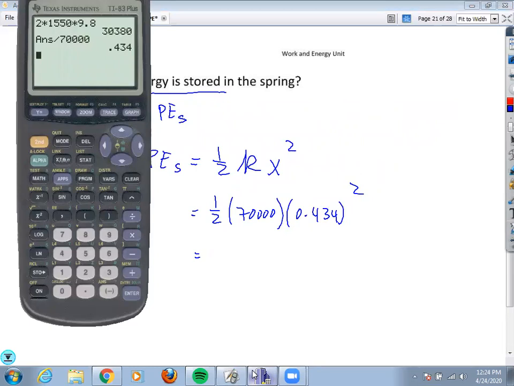So 0.5 times 70,000 times 0.434 squared, and you get 6,592 joules.